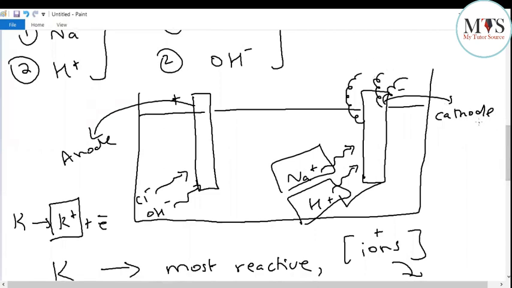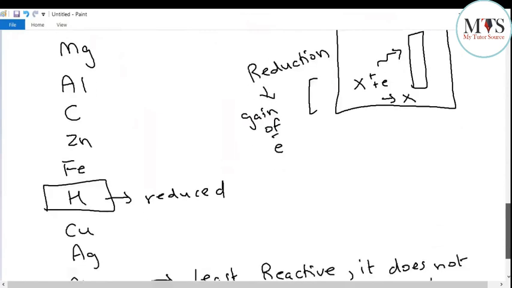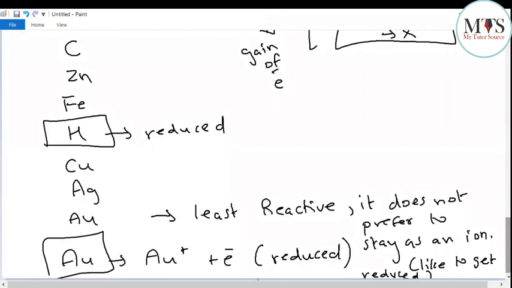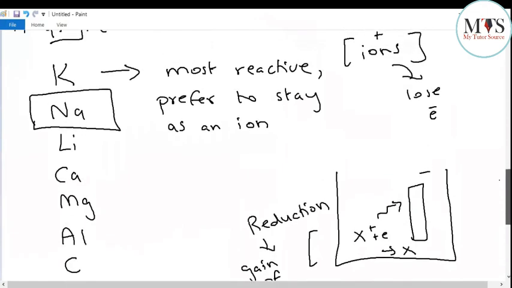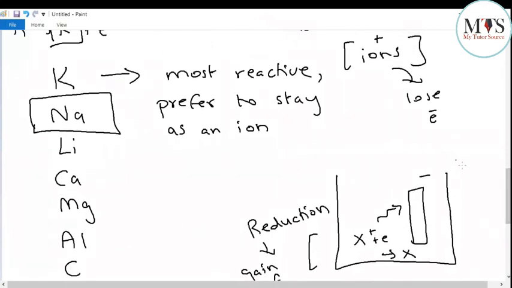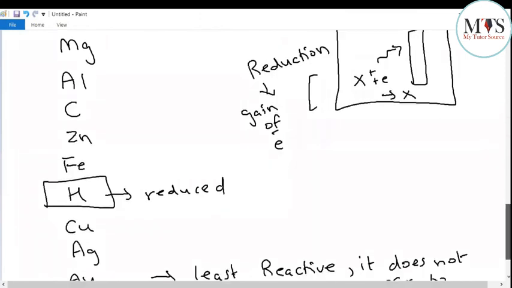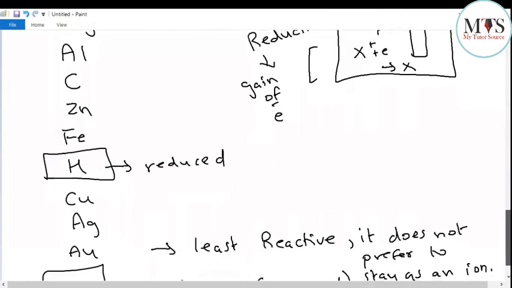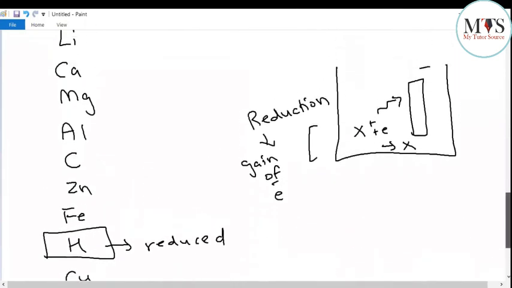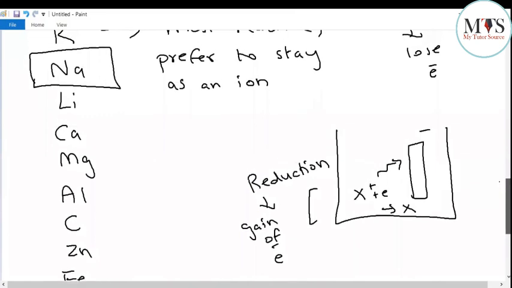Yeah, a bit. Okay, so let me explain this again. Let me just scroll down. Now let's repeat the concept. We said that sodium is more reactive, while hydrogen is preferred to reduce because it has a lower reactivity.